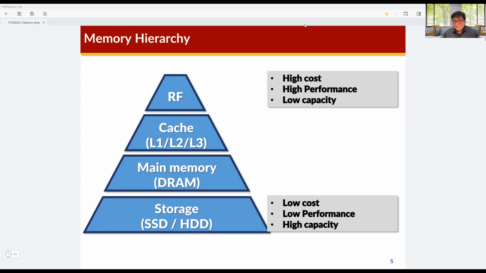Hierarchy means 계층 구조 in Korean. So the hierarchy means that this is the high level, and this is the low level.